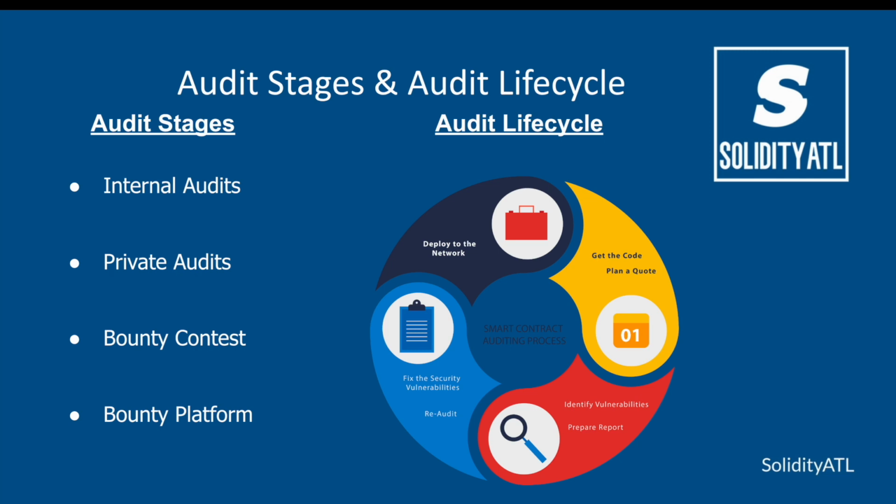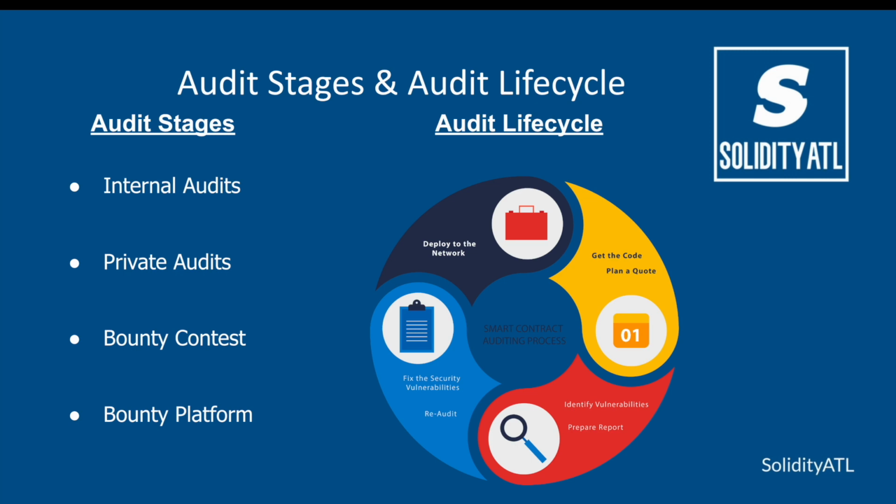All right, let's talk about the audit lifecycle first. When you are working with a client or a protocol, there's going to be a life cycle for how you first interact with them and then how you deliver your deliverables. The first thing you need to do is get the code and plan a quote.